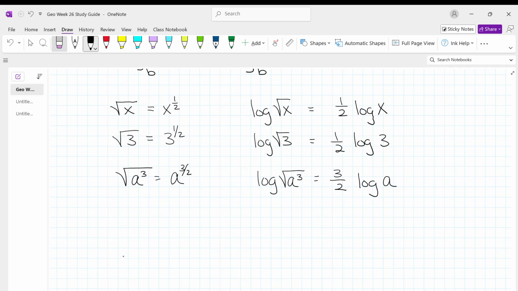And then one more that you may see, square root of 3a to the fifth is the same as 3 to the 1/2 power a to the 5 over 2 power.